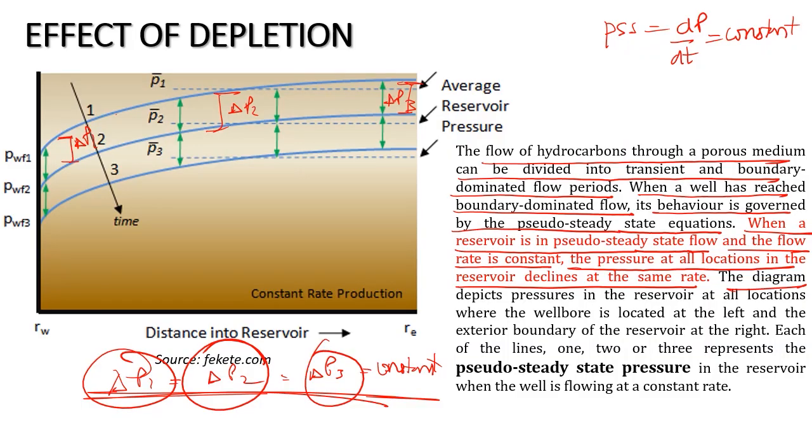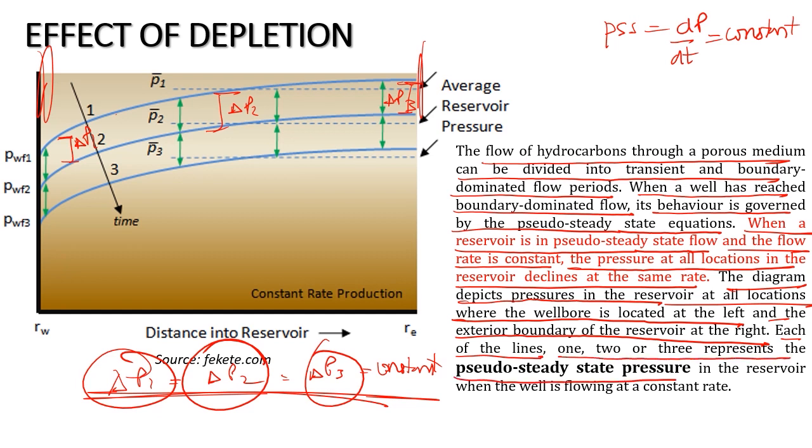Now the diagram depicts pressures in the reservoir at all the locations, where the wellbore is located at the left hand side and the exterior boundary of the reservoir at the right hand side. Again, this is my wellbore and this is my boundary. Each of the limit lines 1, 2 and 3 represents the pseudo steady state pressure in the reservoir when the well is flowing at a constant rate.